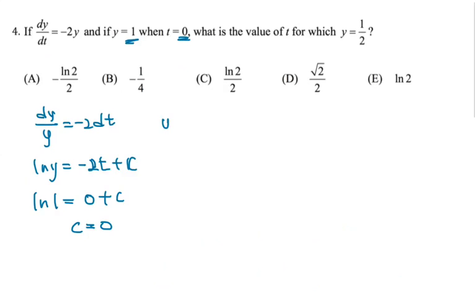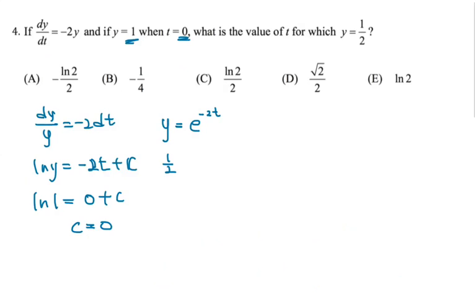Then we can see that y is equal to e to the negative 2t is our equation. Now, given that y is equal to 1/2, how do you figure out the value of t?